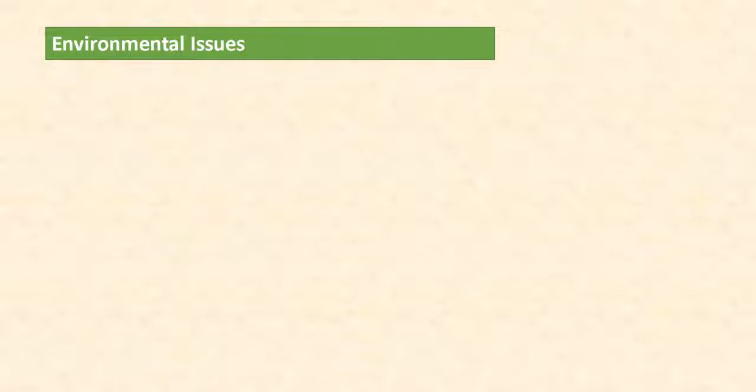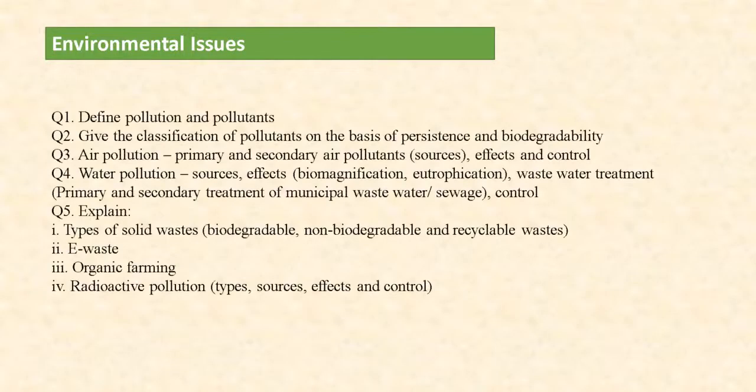This is environmental issues. In the questions there, we need to read the definition of pollution and pollutants, and the classification of pollutants on the basis of persistence and biodegradability. And in the third question, I have written air pollution, primary and secondary air pollutants.